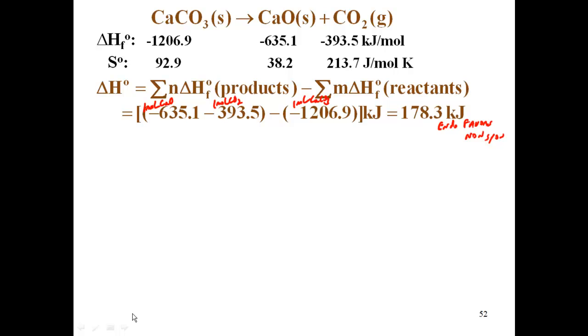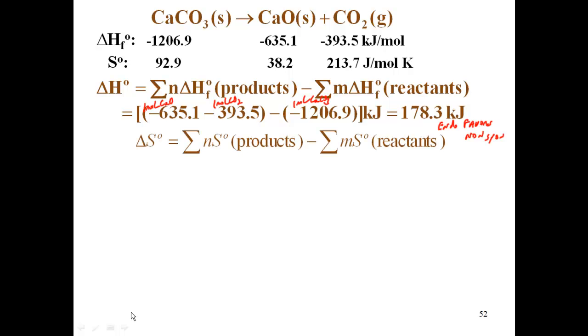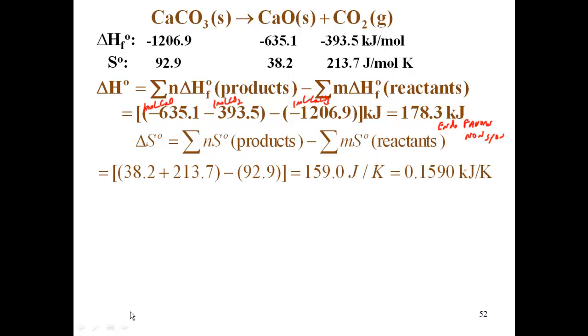Do the same thing with entropy, products minus reactants. Once again, we're accounting for our moles. I have 1 mole of calcium oxide times its entropy, 38.2 joules per mole Kelvin, plus 1 mole of carbon dioxide times its entropy, 213.7 joules per mole Kelvin.